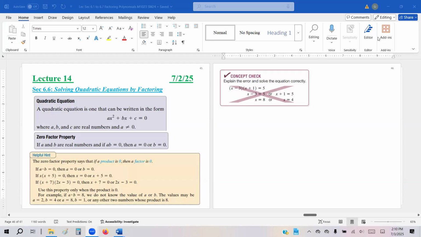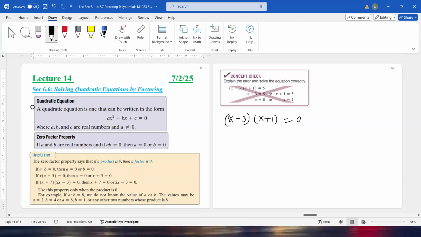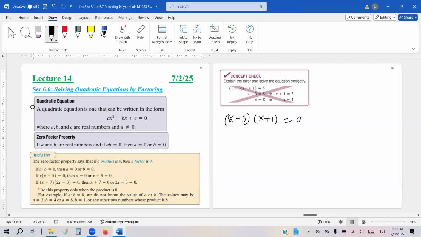For example, if you have (x - 3)(x + 1) = 0, it means they are saying the product of 2 binomials equals 0. So one of them has to be 0. Why? Because observe, if you multiply 2 times 0, the answer is 0. See, 2 and 0, they're 2 numbers, one of them is 0.